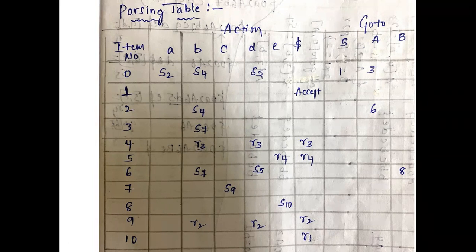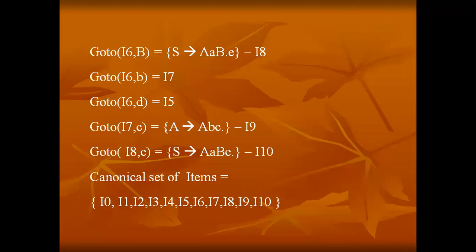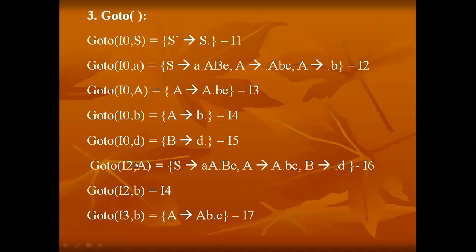How to fill those? Go to the computation. Now I am considering only the terminals. The non-terminals are considered in the goto function; in the action column we are considering the terminals, right? Now, goto of I naught with A gives I2. When placing this value in the goto function we take the number directly, but in the action column we need to replace this letter I with an S. Why?